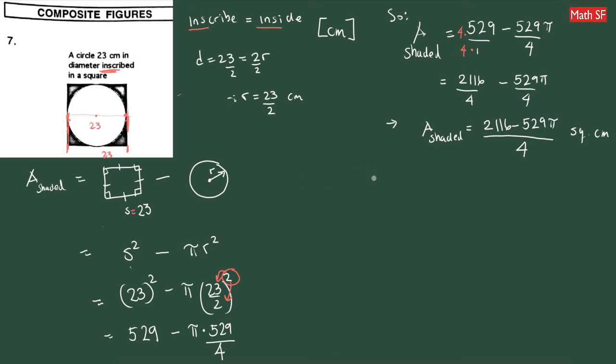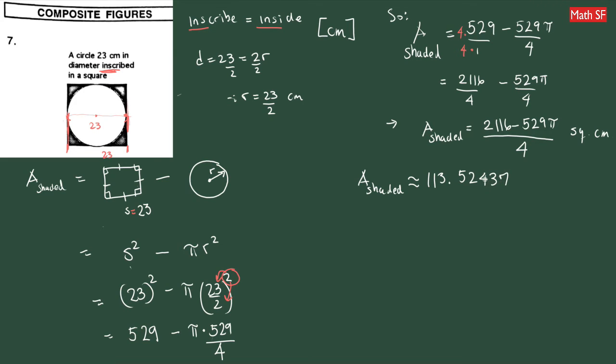I also want you to find the approximated solution. So the approximated answer, I'm going to have to crunch everything on the calculator. That 2,116 minus 529 pi, and then I'm going to divide this by 4. And I should get, I'm going to write, the calculator says 113.52437.